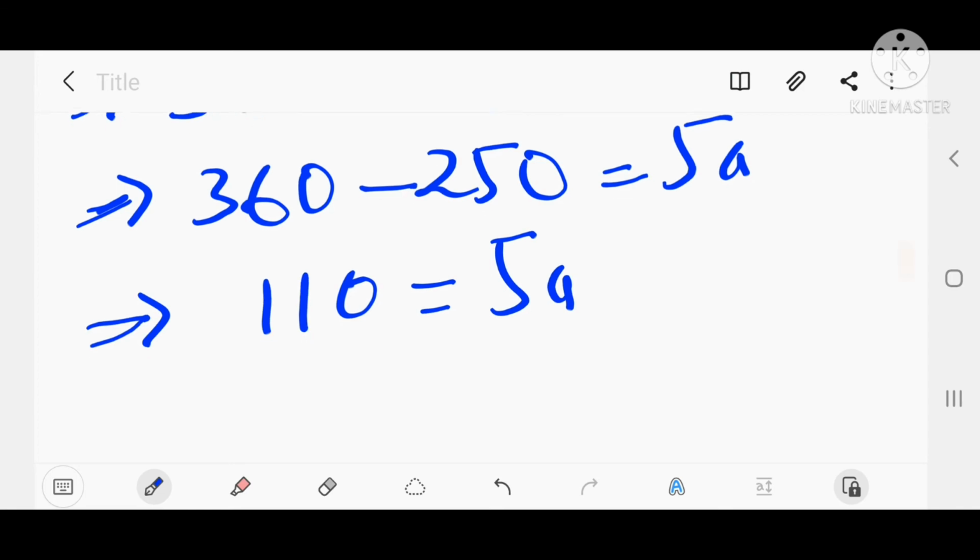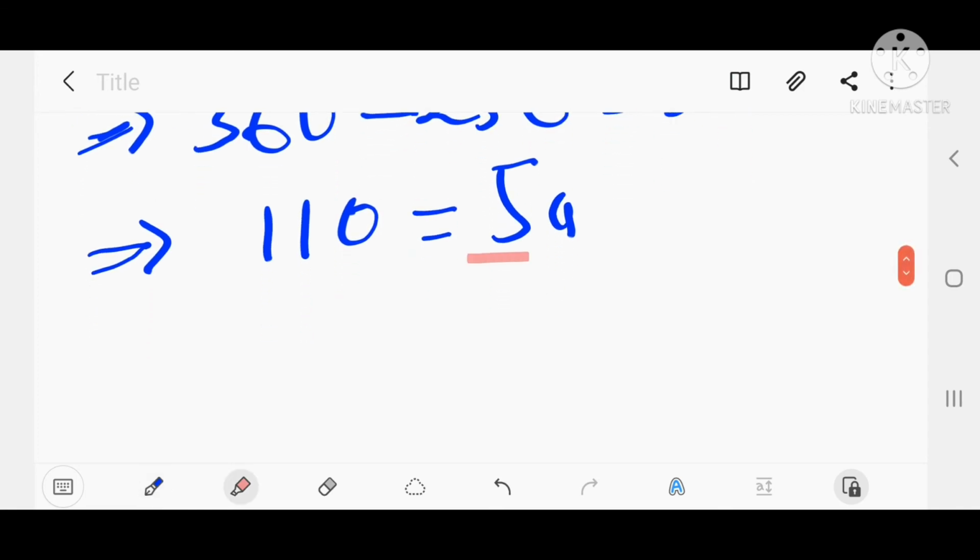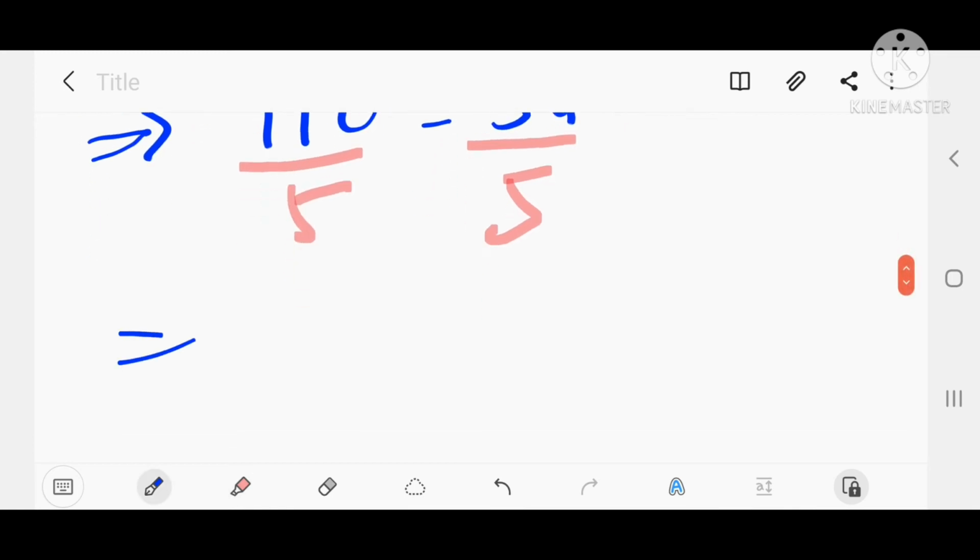Dividing through by the coefficient of a, we get a equals 22.